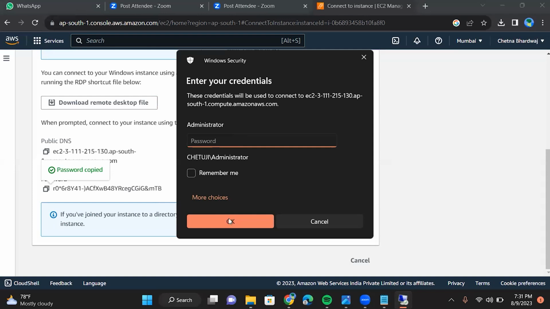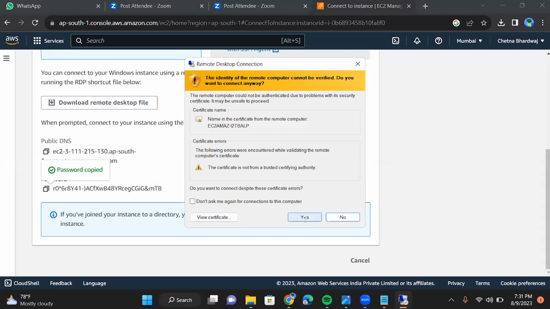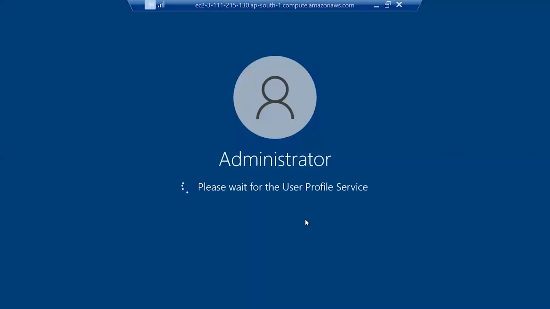So name is already there. Now we are accessing our Windows 10 instance. It is showing up, it is running up, doing some process.